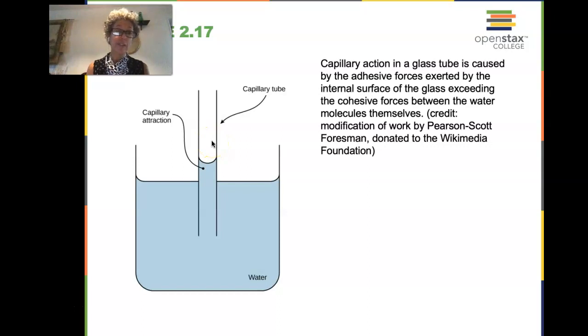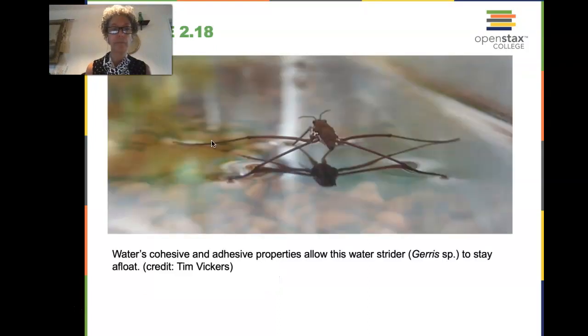In our face-to-face labs, we use capillary tubes to draw up small amounts of liquids and apply them to surfaces or into test tubes. If you put a straw into your smoothie or your coffee or other liquid, you get some capillary action where the liquid gets drawn up into it. There's a water strider insect also taking advantage of those cohesive properties and surface tension of water.